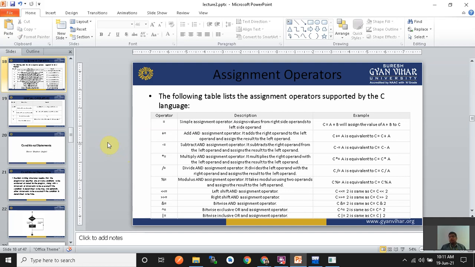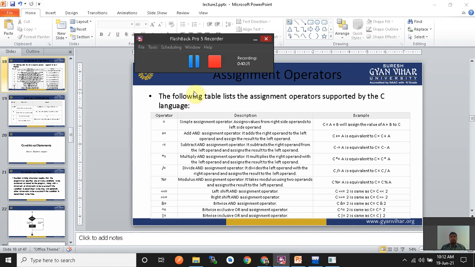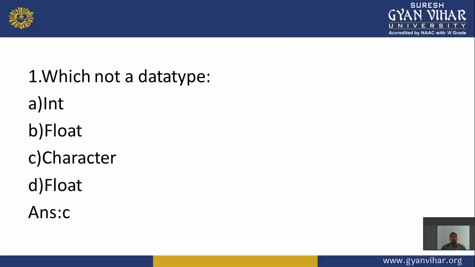Okay, now we move on to the MCQs. So now we discuss MCQs in this lecture. Which is not a data type? Here many data types are there, and in that, which is not a data type?